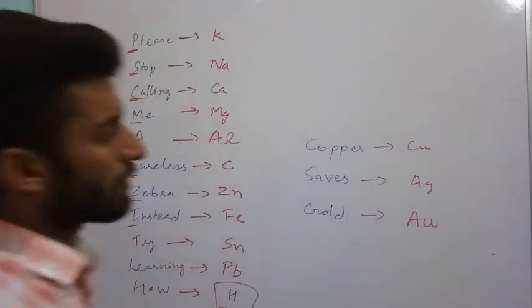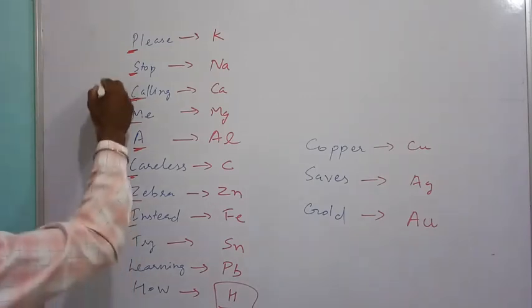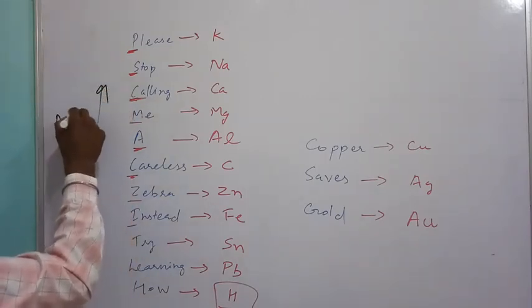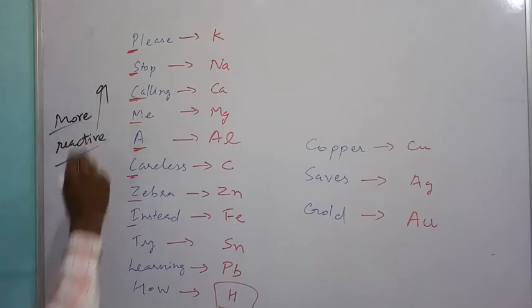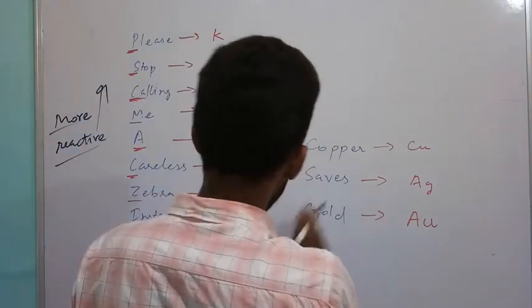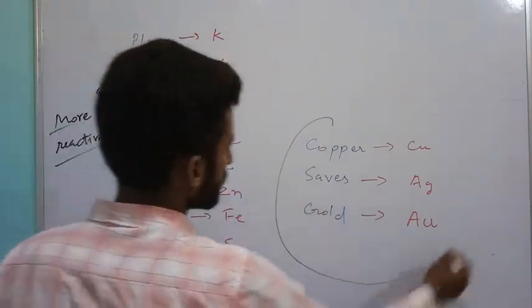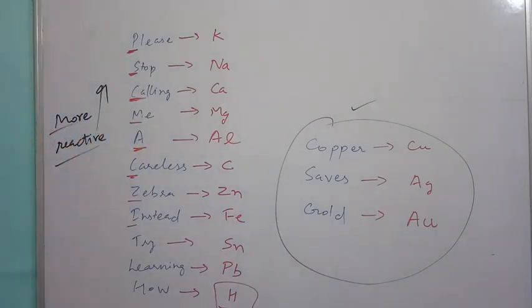So this is a general trick to remember the activity series. Just keep in mind that the elements above hydrogen are more reactive and can easily displace hydrogen from any dilute acid or from water, while the elements below, only three are below, will not displace hydrogen from any dilute acid or from water.